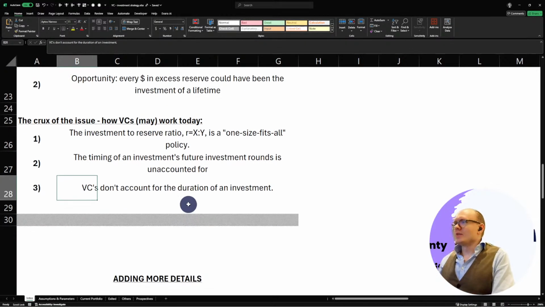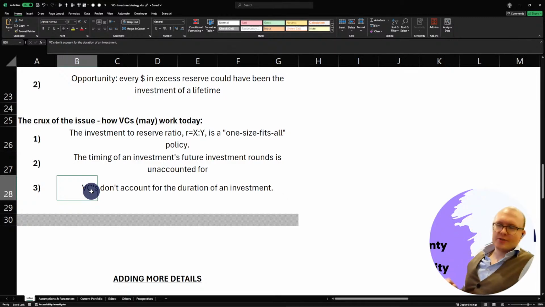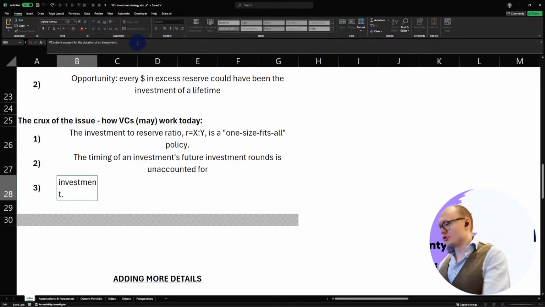And finally, we may not account for the duration of an investment. What we mean by that here is, similarly, how long will it be until we might exit so that we essentially get all the money back again. So I should probably add that here just to make it easier to talk about.